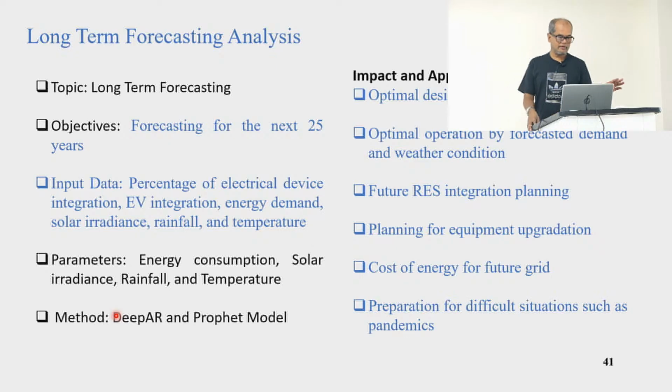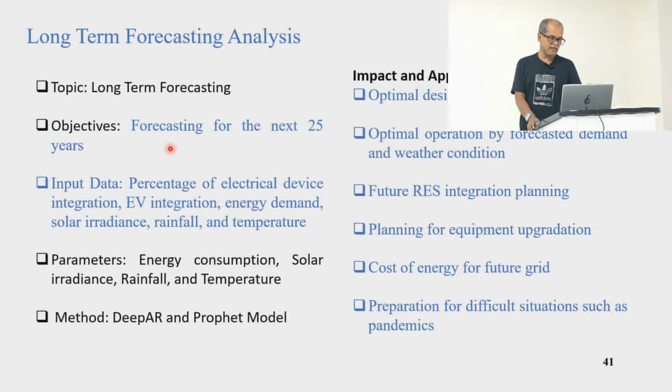Now again, I'm also not going to talk in that much detail about all this forecasting technique, because it's going to take time. So for the long term forecasting technique, we forecasted for the next 25 years. And what input data do we take for the forecasting technique?